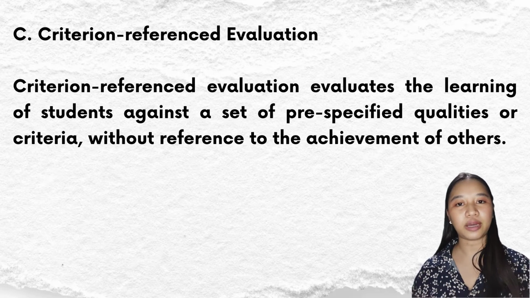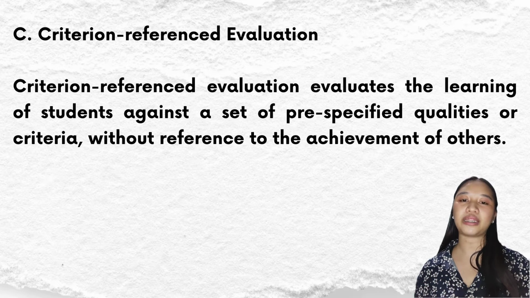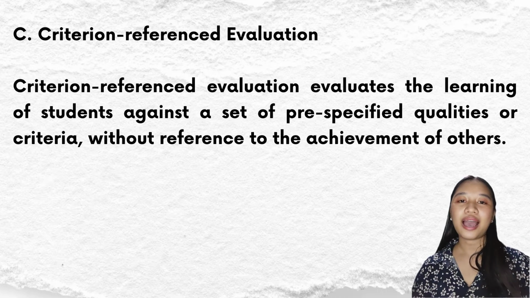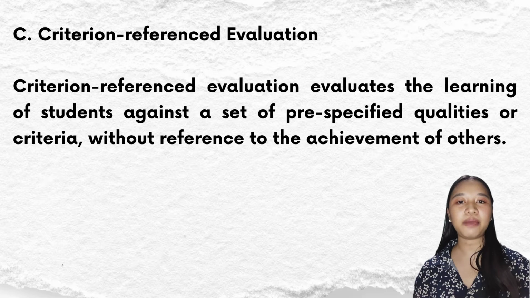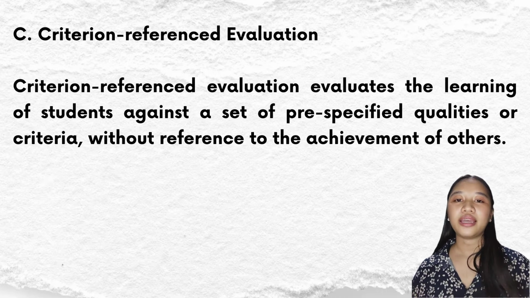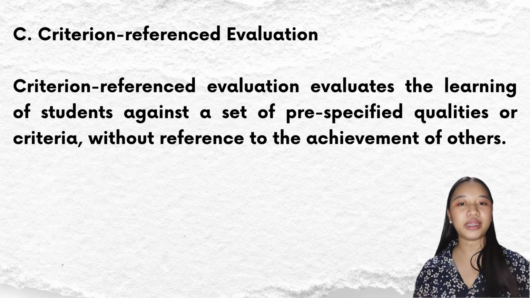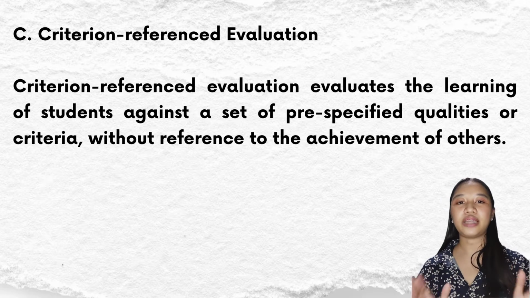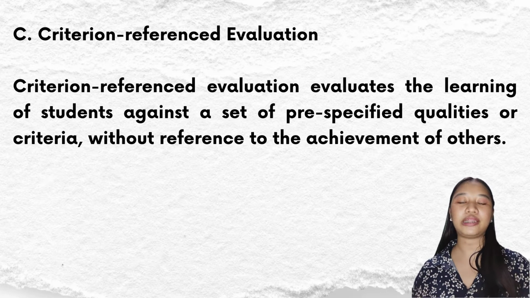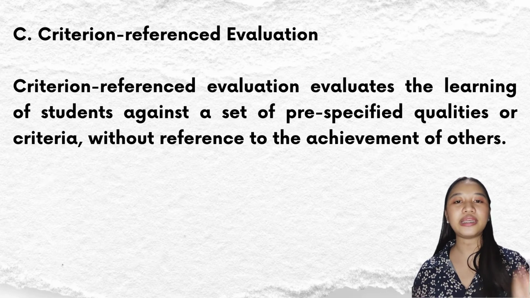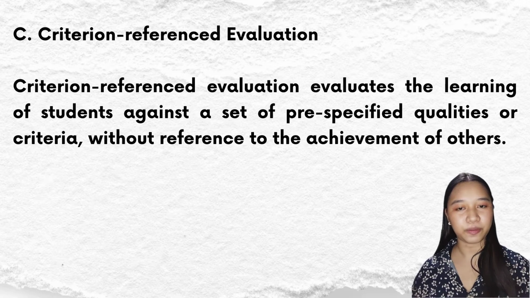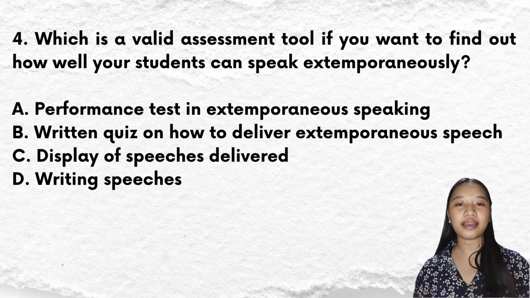It is based on the assumption that learning objectives can be predetermined and that given sufficient time and proper reinforcement, nearly all students can meet the objective. Undoubtedly, the letter C, criterion referenced evaluation, is not the correct answer. Let's move on to test item number 4.